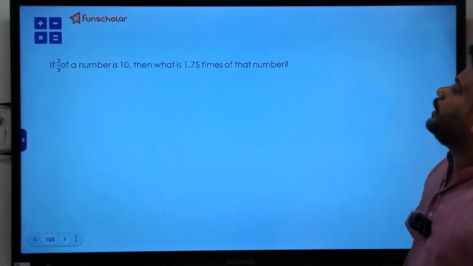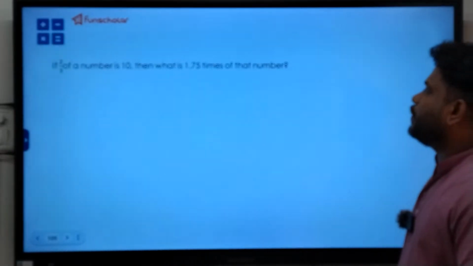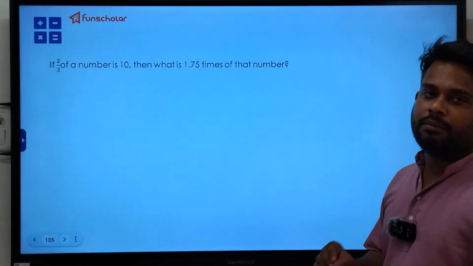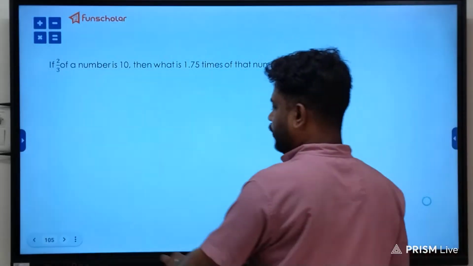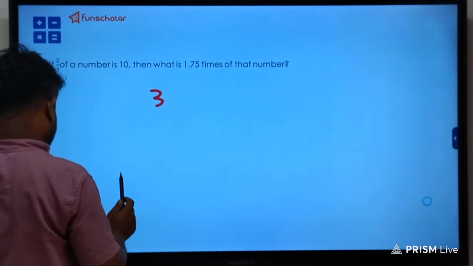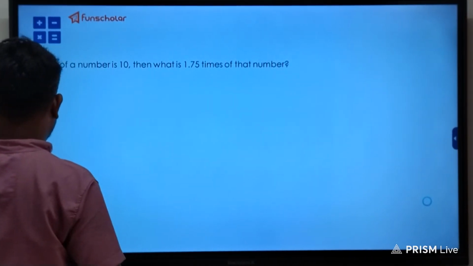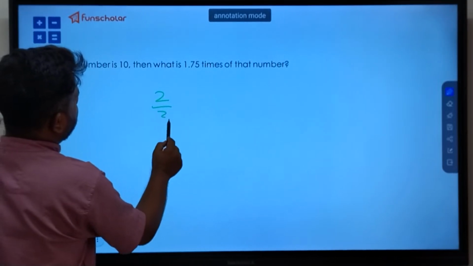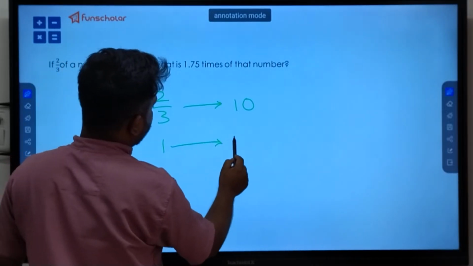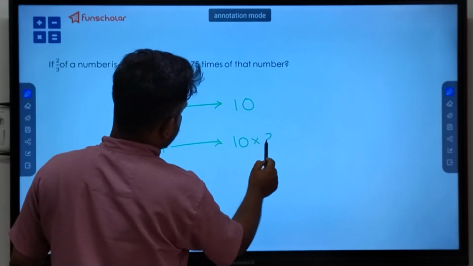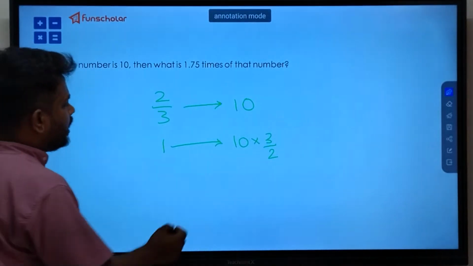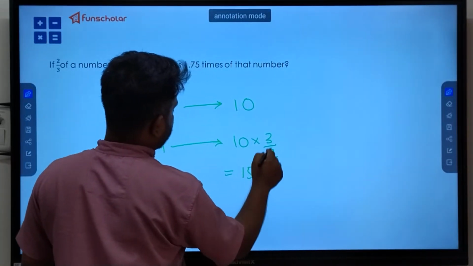The next one: if 2/3 of a number is 10, then what is 1.75 times that number? 2/3 of a number is 10, so 1 of that number will be 10 into 3/2, because the fraction gets flipped, and the answer will be 15.